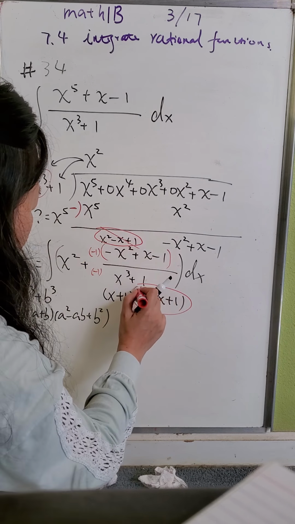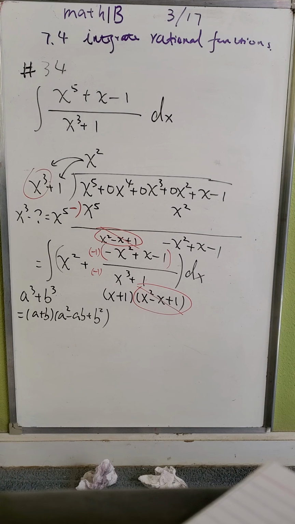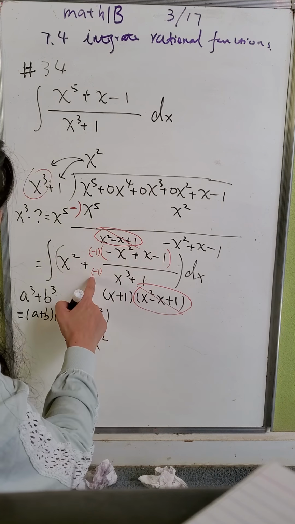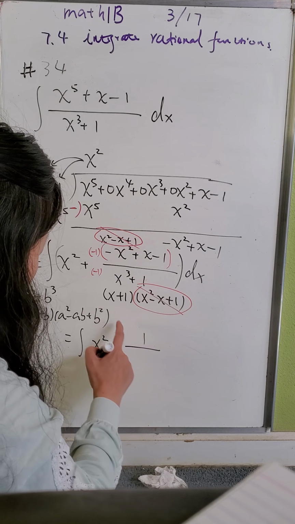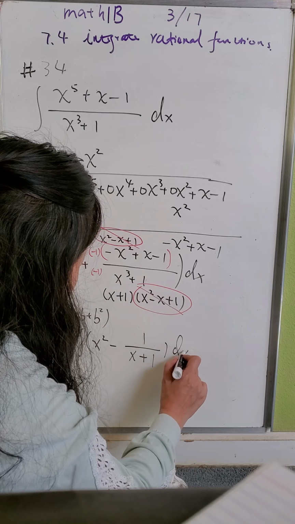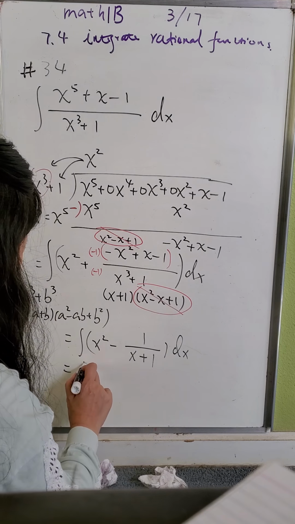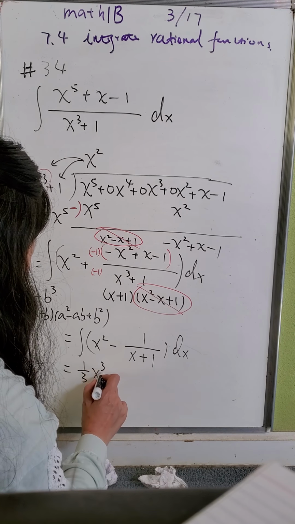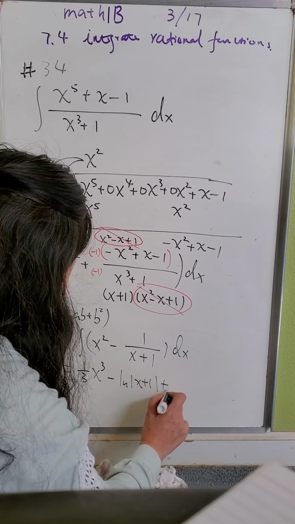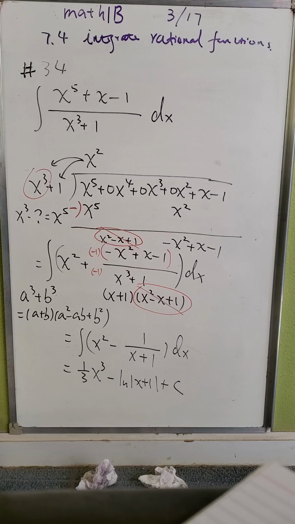So you can actually reduce. So this becomes x squared minus 1 over x plus 1 dx. Integrate that, it just equals 1/3 x cubed minus ln of x plus 1, plus c. So that's how you do problem number 34.